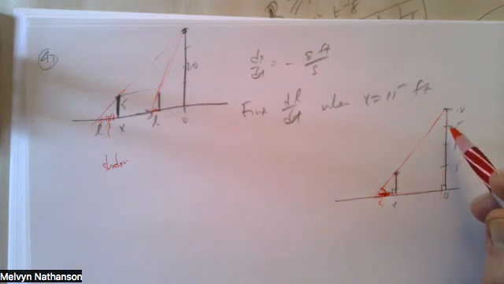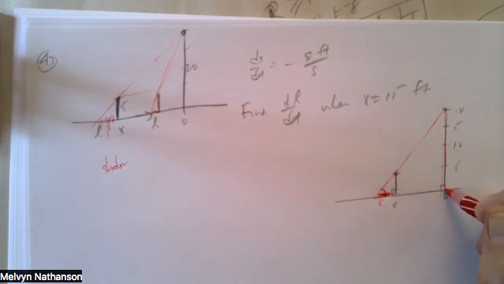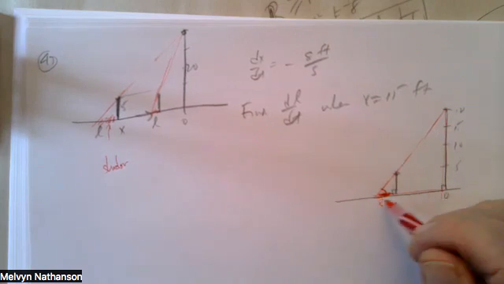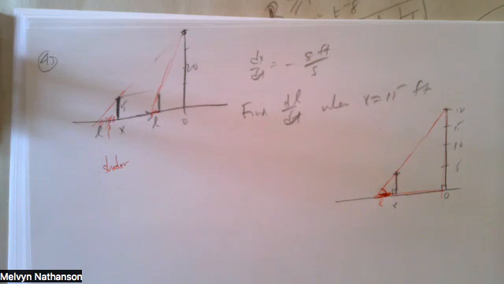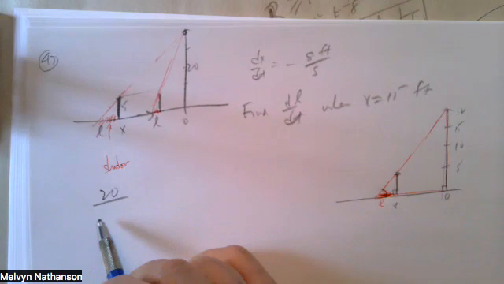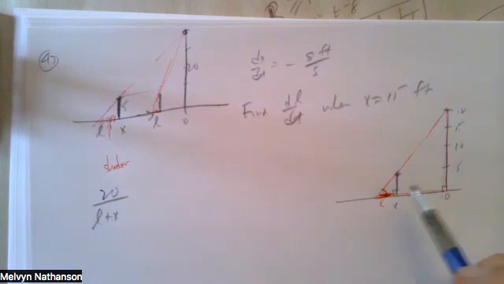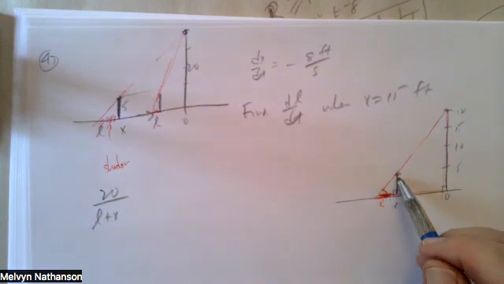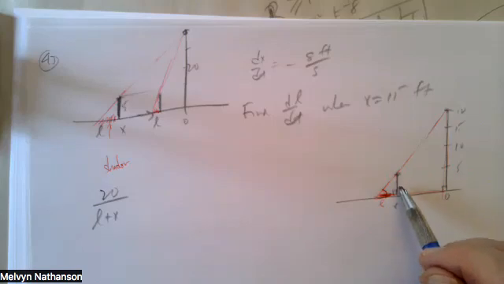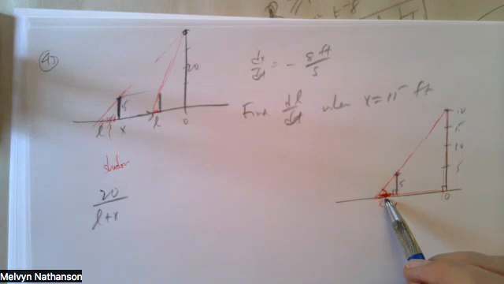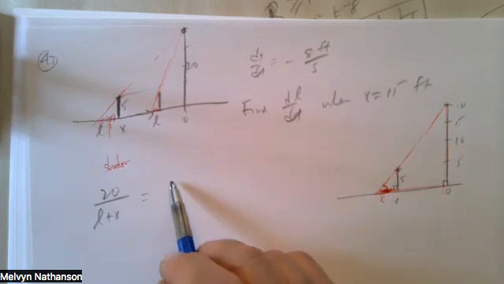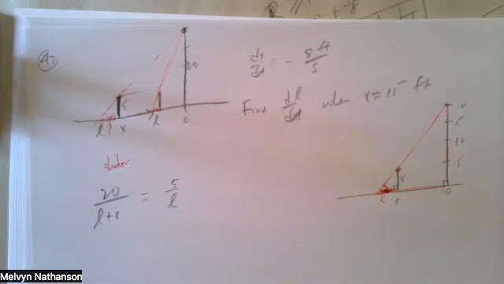For similar triangles, you have the same ratios of the sides. So this side is 20, and this is L plus x. So 20 over L plus x. And in this triangle, this is 5, so the woman is 5 feet tall, and this is L, equals 5 over L.